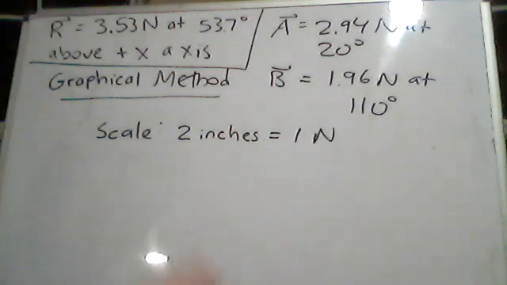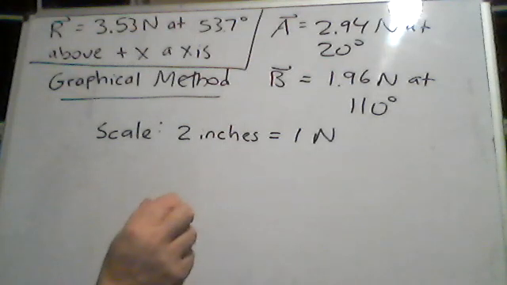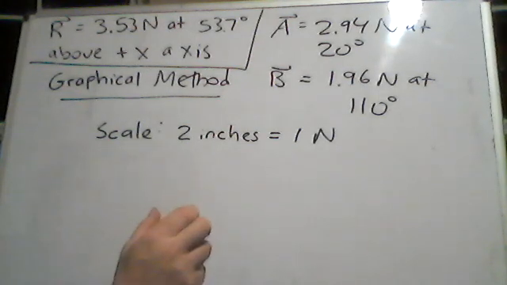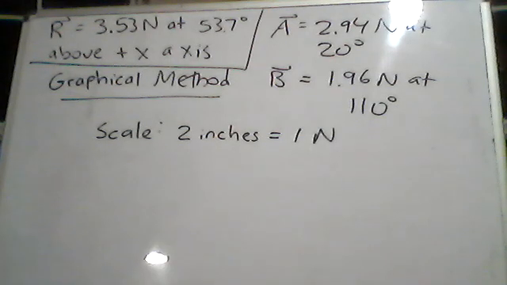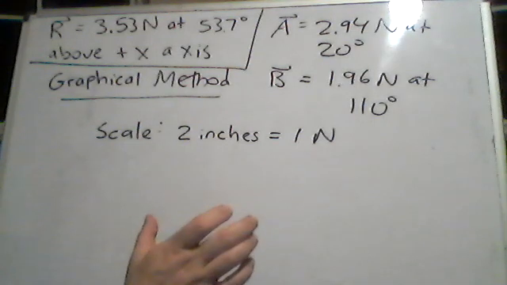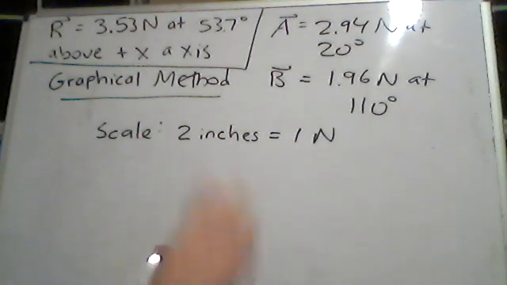So essentially, on my paper, 2 inches would be 1 newton, and I'd have a total of about, let's see, yeah, probably about 6 inches or so across. And so I would say, okay, I have 2 inches, it's going to be 1 newton.